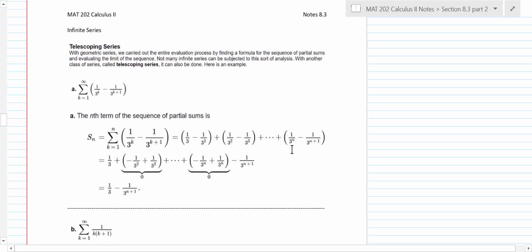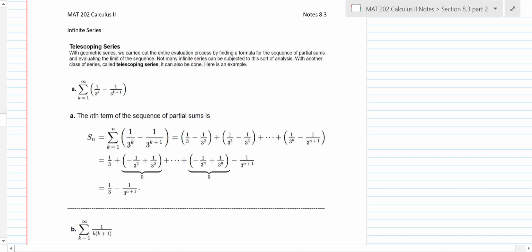Okay, so a telescoping series goes kind of like this. I'm going to use this example they had in the book because this was already written out, so we don't have to worry about writing this out. So the idea with this series is if you let k be 1, you would have 1 over 3 to the first, and then you would have 1 over 3 to the second.